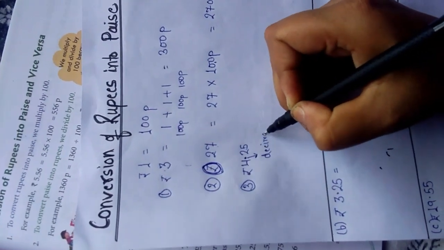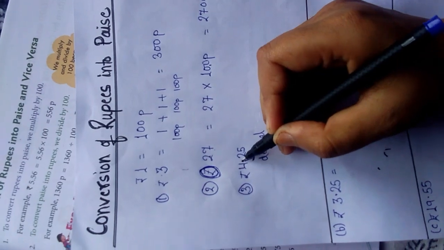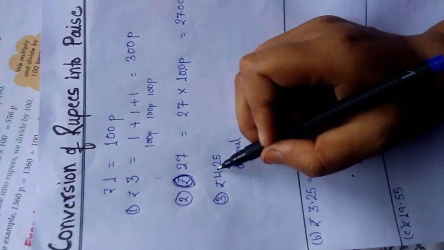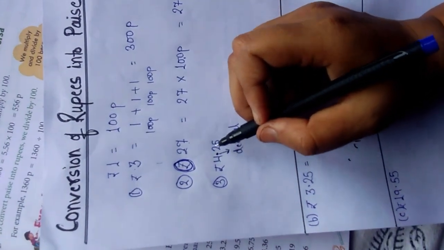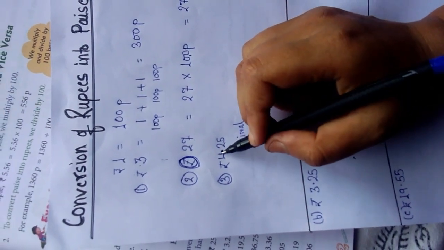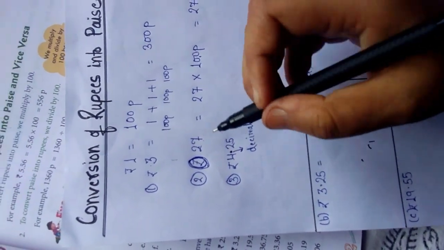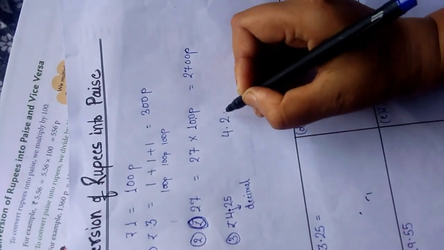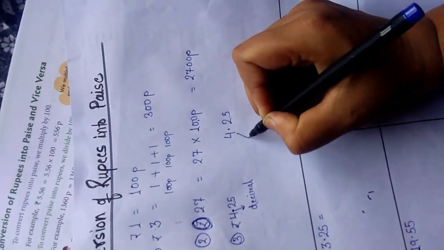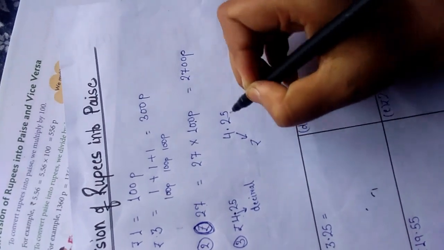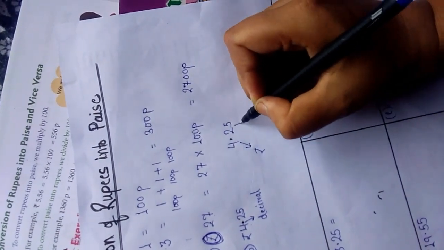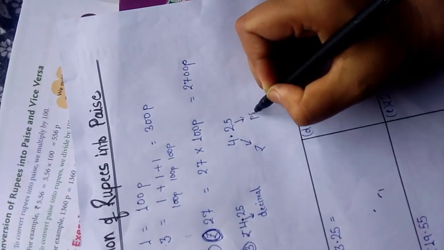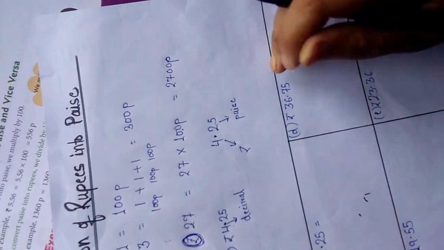In general we say this is a point, but in mathematics this is called a decimal. Before the point is called rupees, and after the decimal it is pronounced as paise.